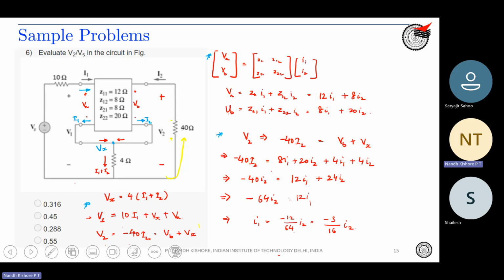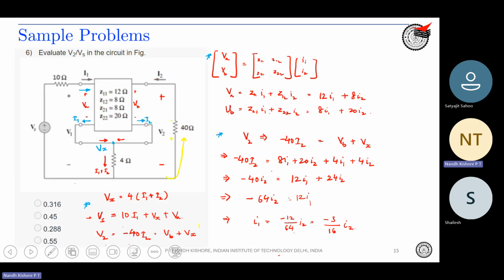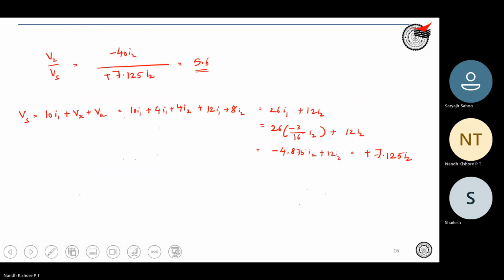Okay, so 12 by 64, minus 3 by 16. V2 by Vs is what they ask. Vs is 10 I1 plus Vx plus Va, correct? So 10 I1 plus Vx, and Va is 12 I1 and 8 I2. So 10 plus 4, 14, 26 I1.